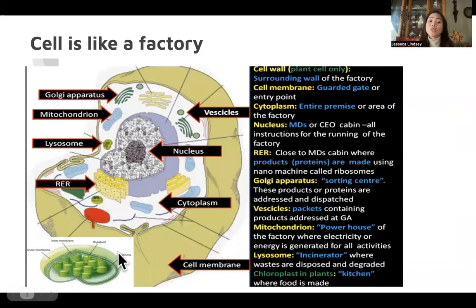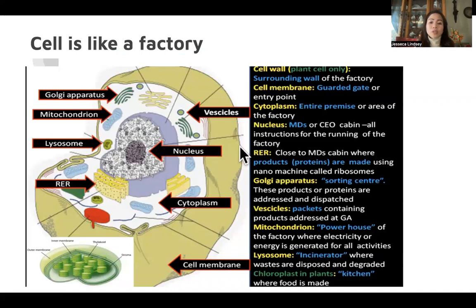Cells have different organelles. They're like little organs that work and function differently. This time I'm going to use the analogy we had in our class that helps us understand what those little organs in the cell are. So we have a nucleus, and we know the nucleus stores our DNA, the color of our hair, the type of eyes, the genetic makeup in general.